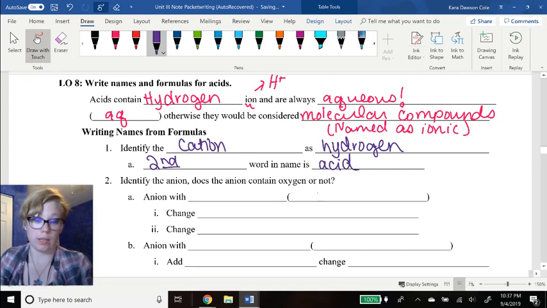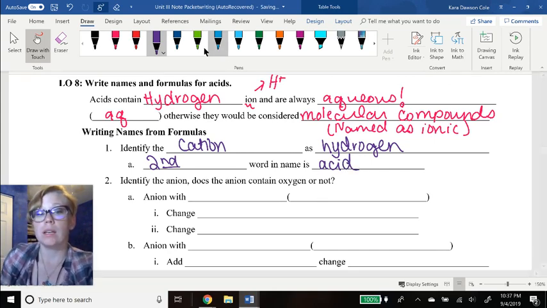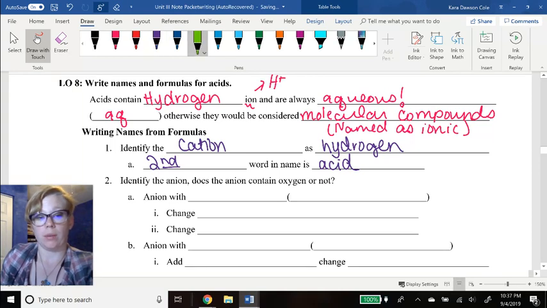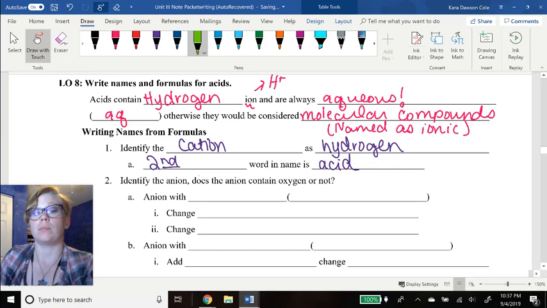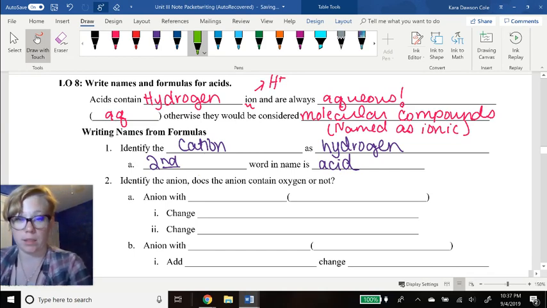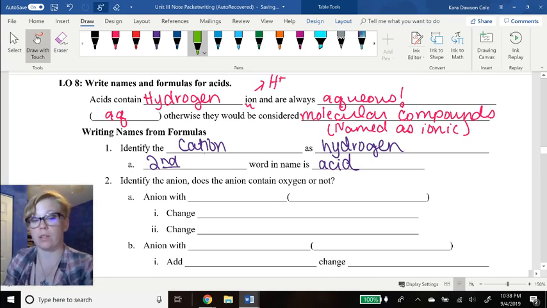Then we've got three different suffixes for the anions.